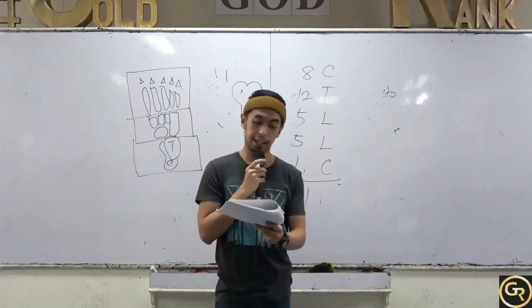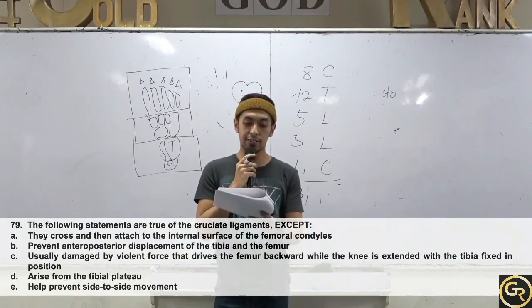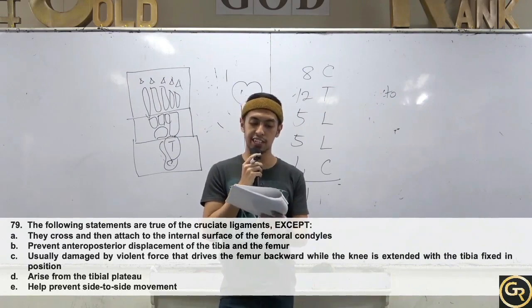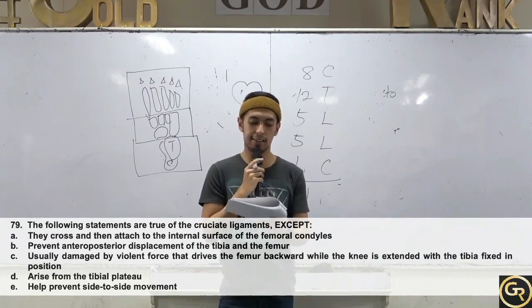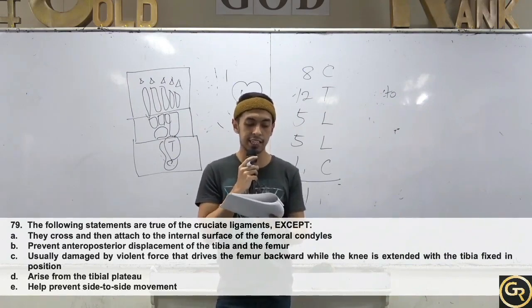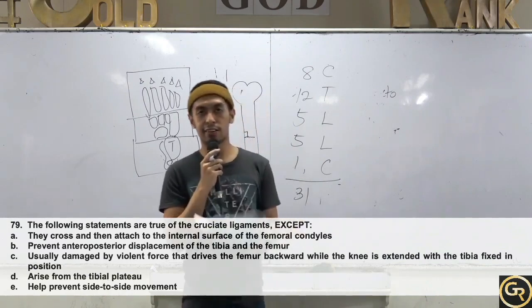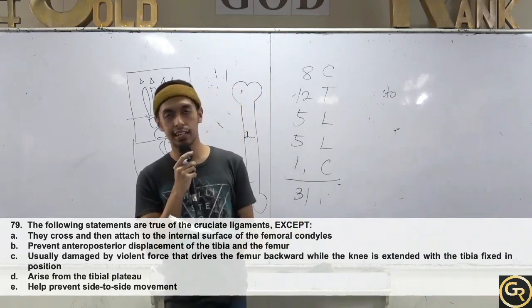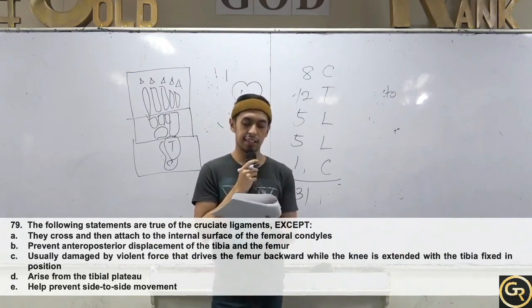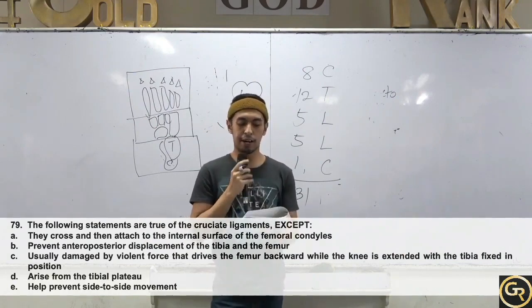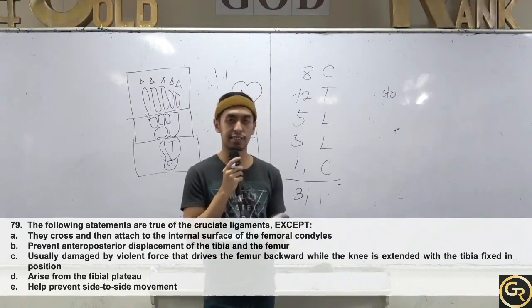Letter B. 79, the following statements are true of the cruciate ligaments except. Let's see, A, B, D, and E are all correct. You might ask why the cruciate ligaments prevent side-to-side movement.